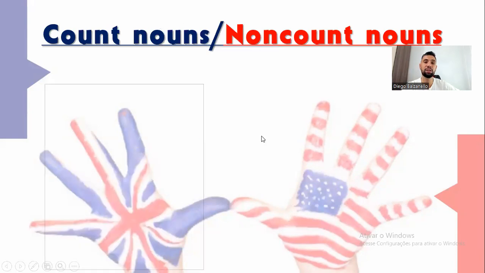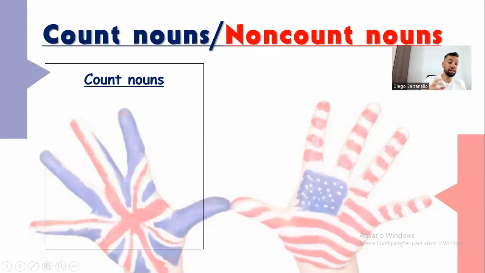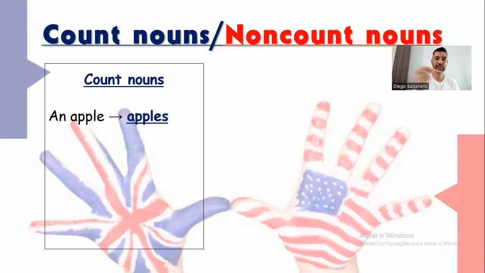Let's talk about count nouns. Count nouns are the nouns that we can count. For example, an apple, apples. Then you can count apples. 1 apple, 2 apples, 3 apples, 4 apples, 10 apples. And a pie as well. Pie, 1 pie, 2 pies, 3 pies.